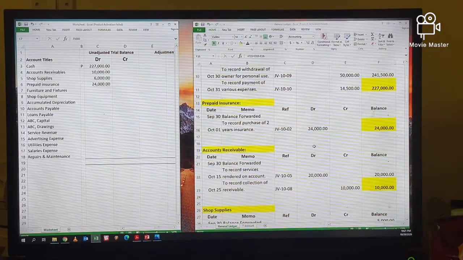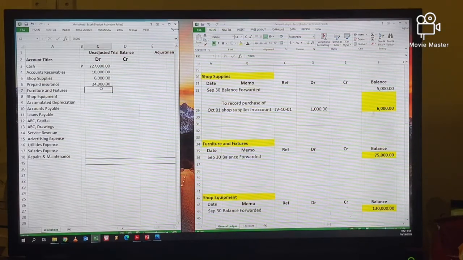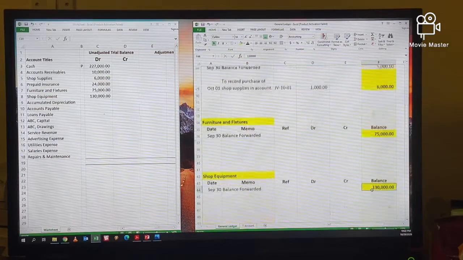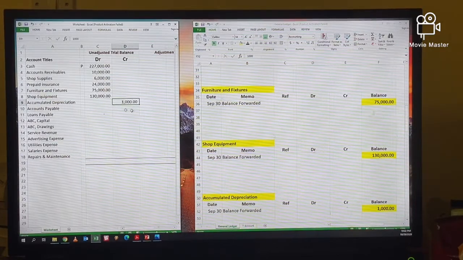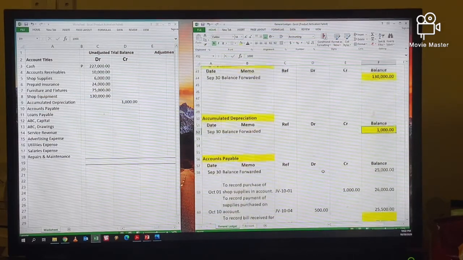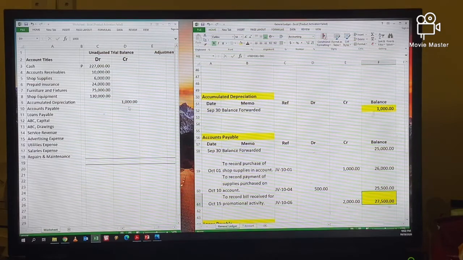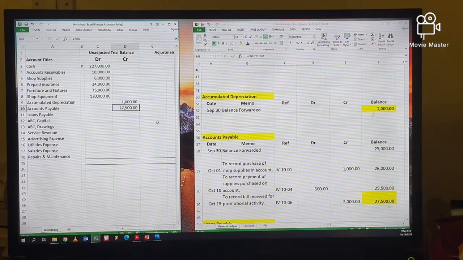So, furnitures and fixtures, you have a debit balance of 75,000. Shop equipment, you have a debit balance of 130,000. Accumulated depreciation, credit balance of 1,000. Okay. Your accounts payable, since liability siya ay credit balance, 27,500.